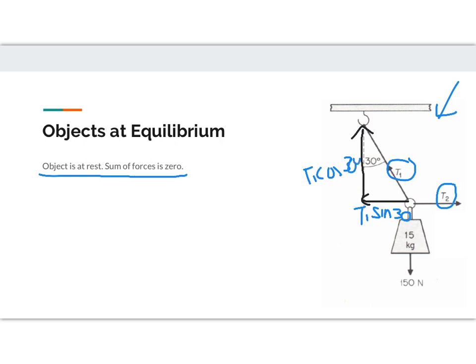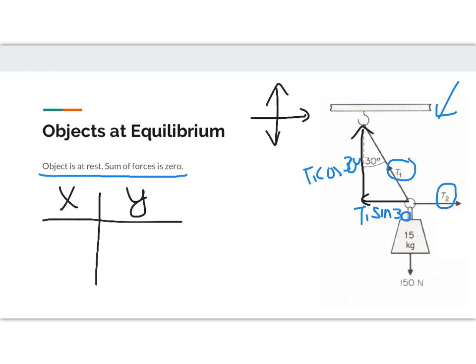At this point, I have everything broken up into x and y, so I can make my x and y chart. Let's start with the mass that's hanging down. We're going to assume a pretty standard system for my directions. I have my mass hanging down, so that would be a negative 150 newtons. Why is it negative? That's down.